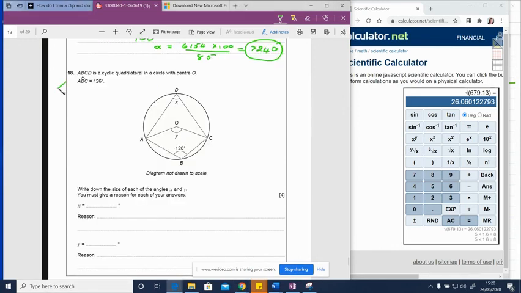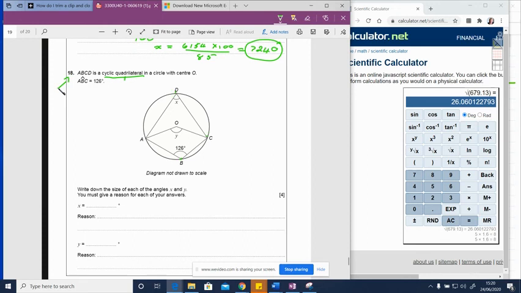Let's have a look at question 18. It tells us that ABC is a cyclic quadrilateral in a circle with centre O. So cyclic quadrilateral means a four-sided shape inside a circle with each of the vertex touching the edge of the circle. So here A, B, C, D is a four-sided shape and each of the vertex touch the edge of the circle.